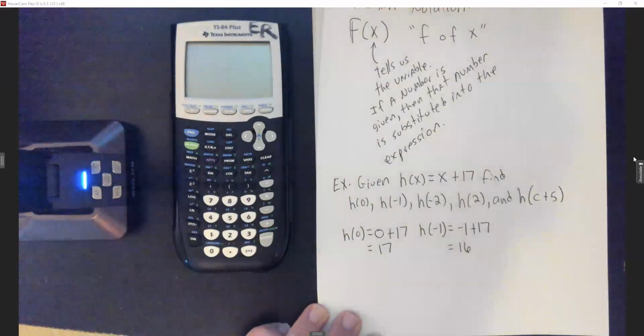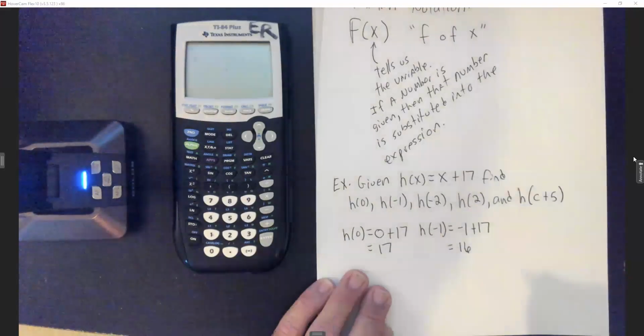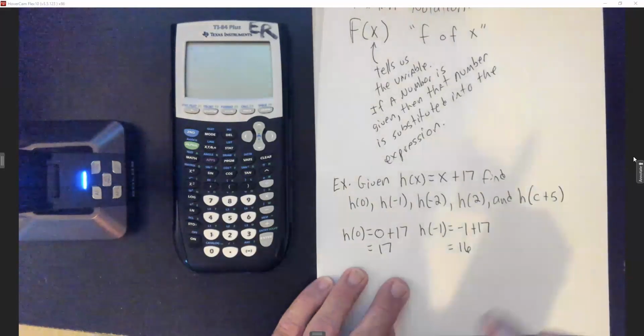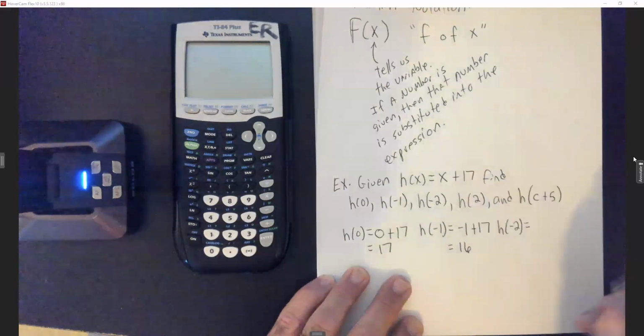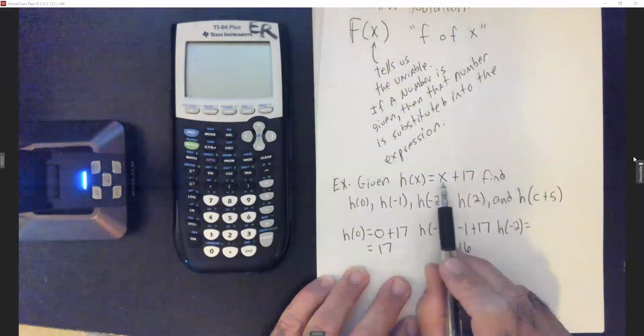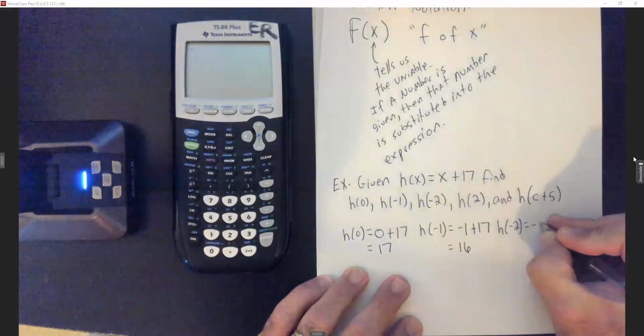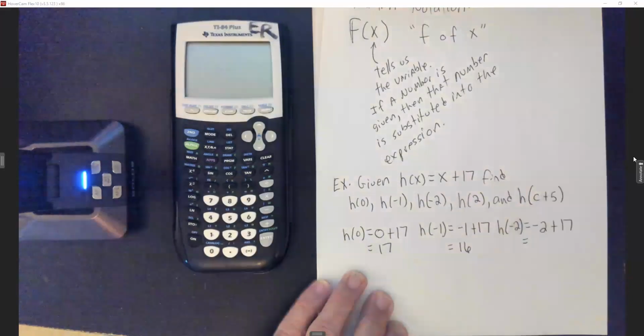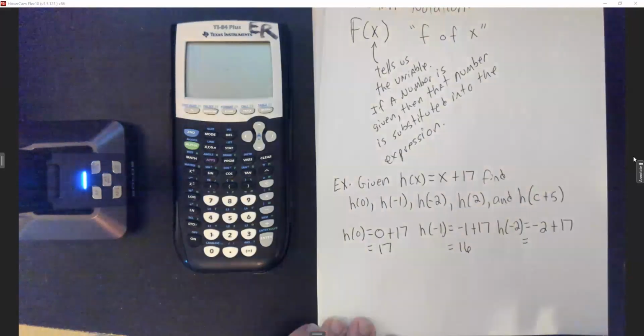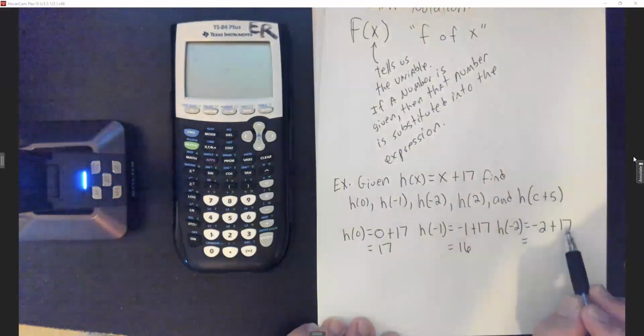Hey, so they're not too bad. You just got to get used to these are the numbers you're putting in for your x's. h of -2 is next. So I'll replace the x with a -2, so that'll give me -2 plus 17. Once again, I got unlike signs. So 17 minus 2 is 15.